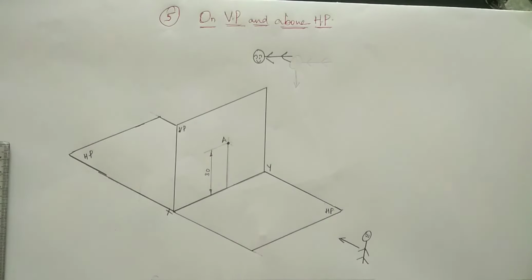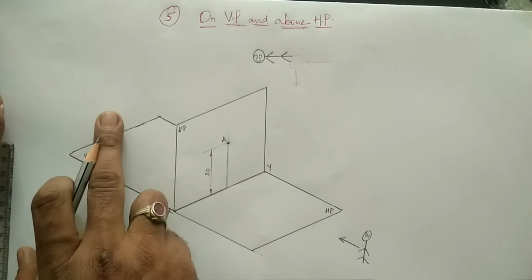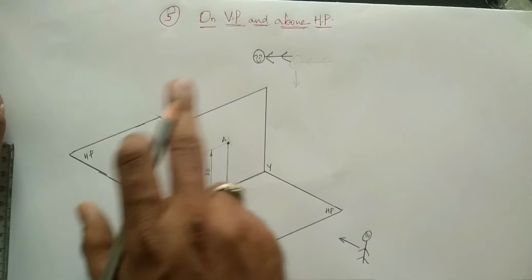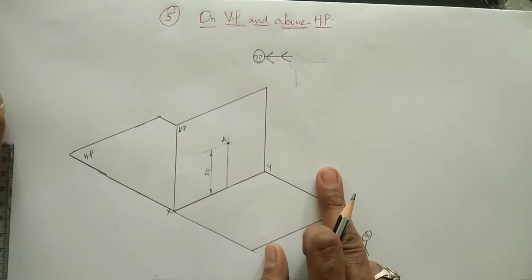One thing that we need to follow: whichever quadrant is preceding, that quadrant we need to take into consideration. Once again I repeat, if a point has its existence in two quadrants, here the first quadrant and the second quadrant, the preceding quadrant is given preference.